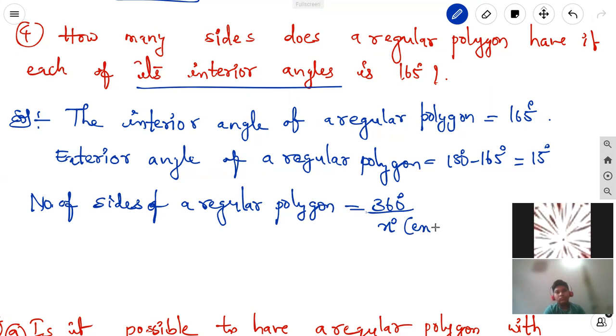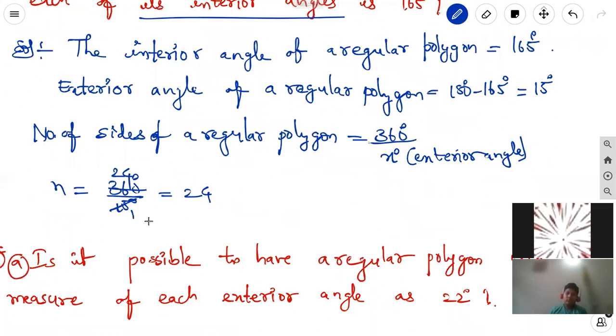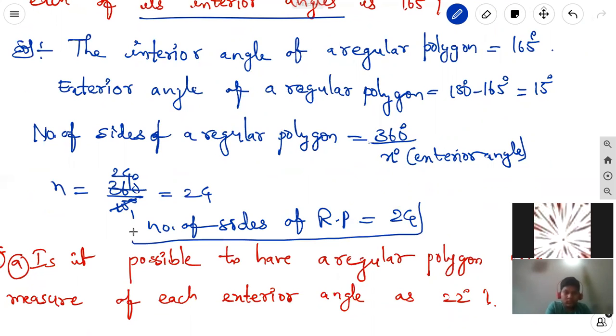This is nothing but the exterior angle of the polygon. So here n equal to 360 degrees by 15 degrees. 15 ones are 15, 15 twos are 30, 15 fours are 60. So the number of sides equal to 24. So number of sides of a regular polygon equal to 24.